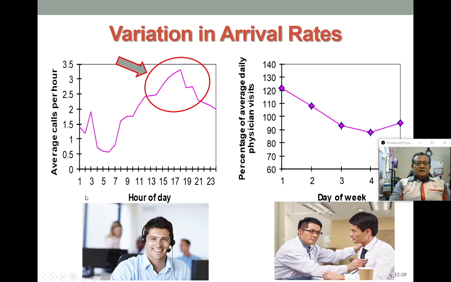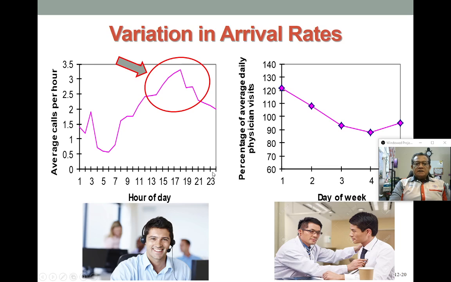For example, like a call center, this is call center data. So average calls per hour, 1, 2, 3 is the average calls the call center receives within 1 hour.